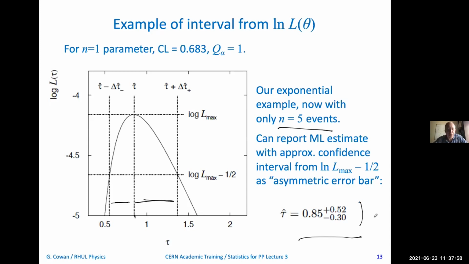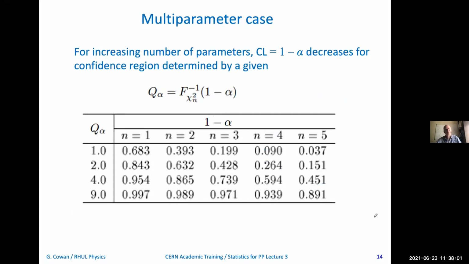All right, I think that's all I wanted to say. No, sorry, there's a few more things that I wanted to mention about the multi-parameter case. So we said that for 68.3% confidence level and 1 parameter, this quantile that I've called Q alpha was equal to 1. But for a different number of parameters, this quantile will take on a different value. What I've shown in this table is, for different values of the quantile, what the confidence level is for different numbers of parameters.